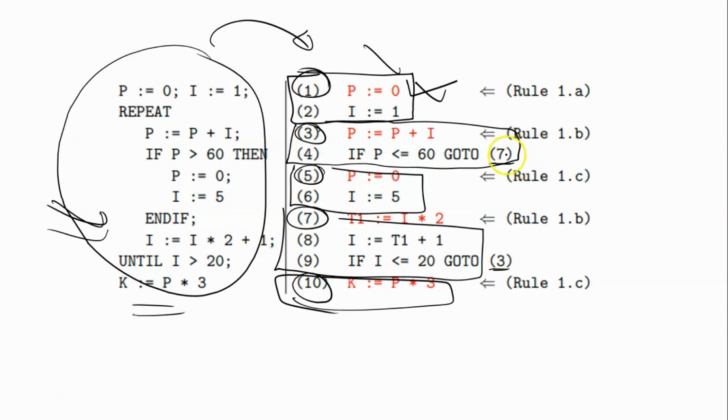How can you put edges? This is a conditional jump, so a conditional jump will have 2 edges. One will go to 7, so one will go here, and another will go to the next. As I told you, a conditional jump instruction has 2 successors. There is no unconditional jump here, but if there was, let's assume this is an unconditional jump, then this edge won't be there, because an unconditional jump will always have only 1 successor.